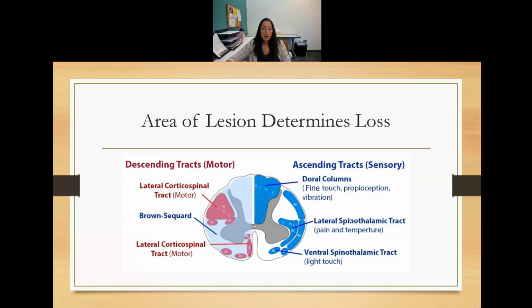Pain and temperature are on the lateral portions of the spinal cord, and light touch is on the front or anterior portion. With motor function, the lateral and the anterior are the primary areas that there are tracts for motor function. Now, some of them travel ipsilaterally on the same side, and some of them cross over and travel up.